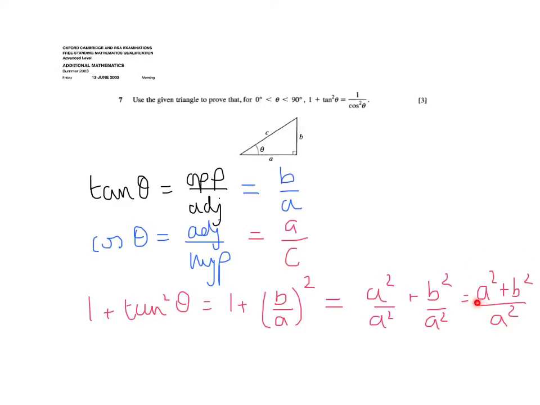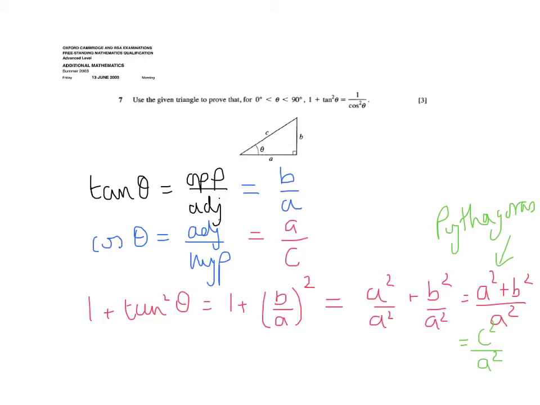You might notice then that A squared plus B squared is what we have from Pythagoras very often. So if we replace this using Pythagoras, then we can replace this A squared plus B squared with C squared, the hypotenuse, over A squared.